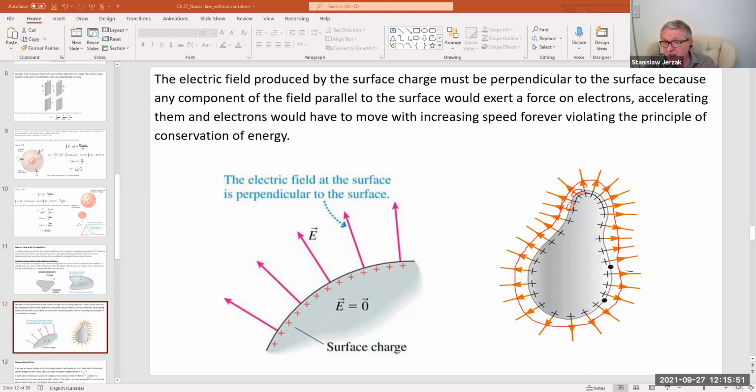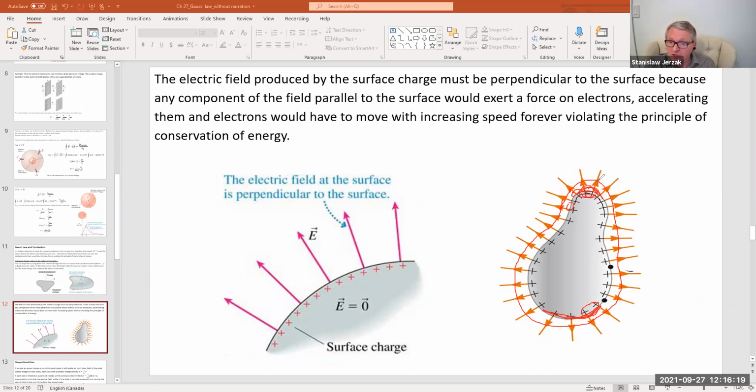On the sharp edges, where the curvature is very small, the density of charge is very large. But on surfaces which are not very sharp, the density of charge is smaller. So the charge distribution is not uniform. At certain areas there is a small density of charge, and on some areas there is a large surface density.